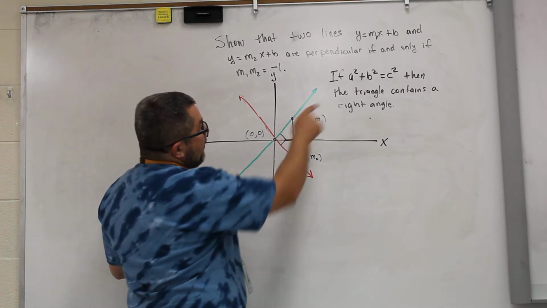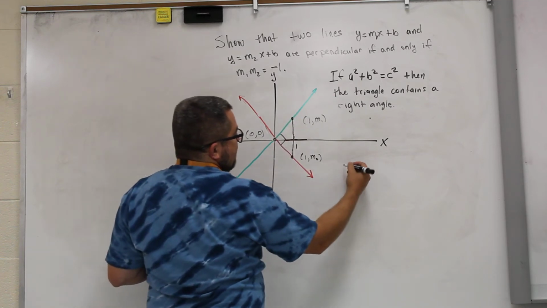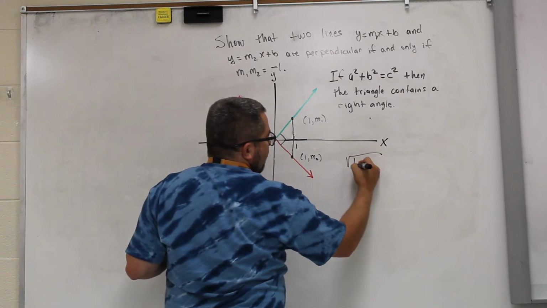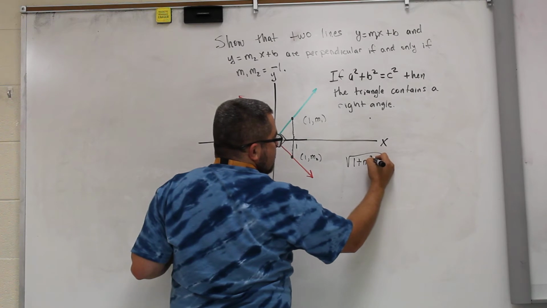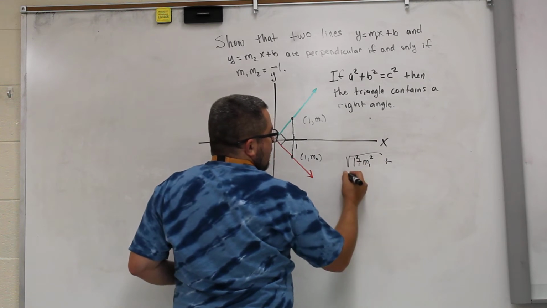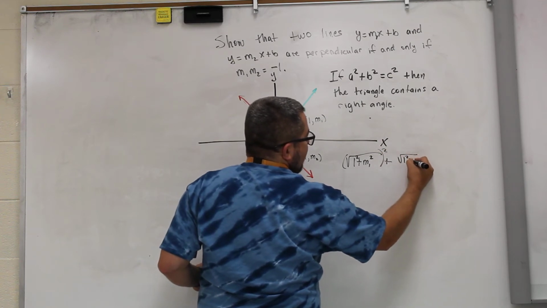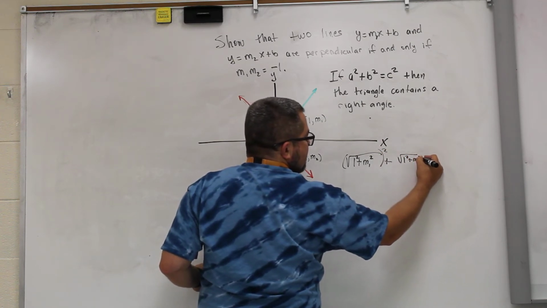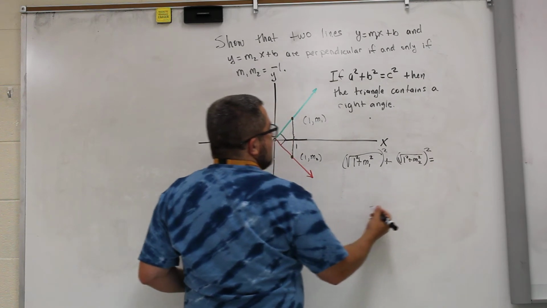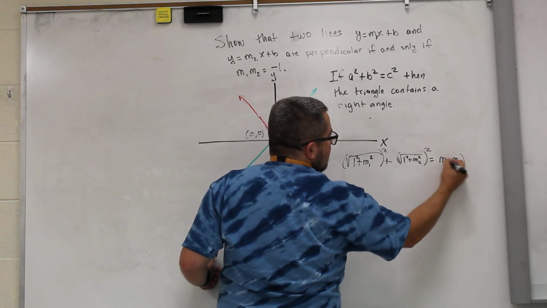So using the Pythagorean theorem, our three sides, the distance theorem, tells us that we're going to have the square root of 1 squared plus m1 squared, all squared, plus the square root of 1 squared plus m2 squared, all squared, is equal to m1 minus m2 squared.